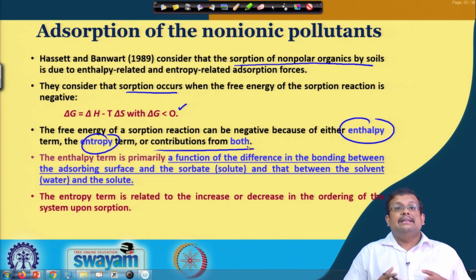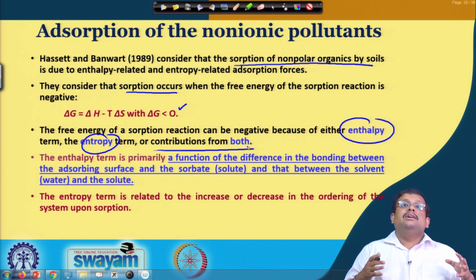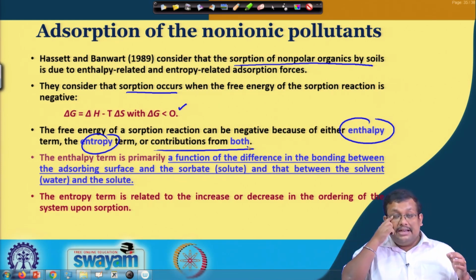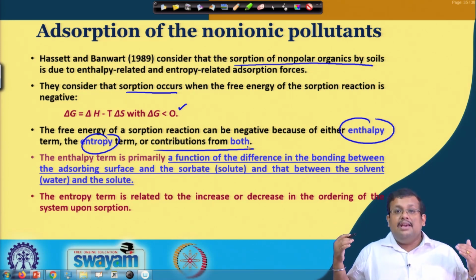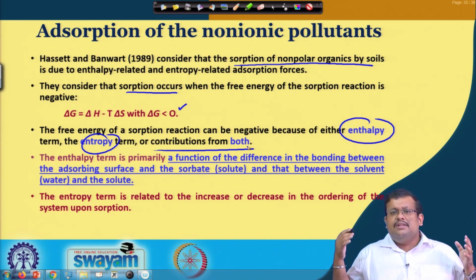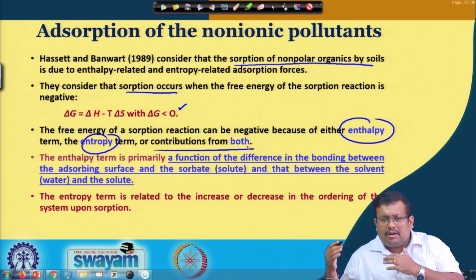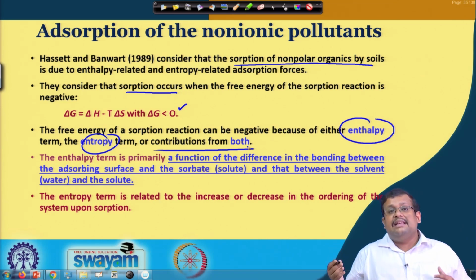Remember that sorption occurs only when the free energy of the sorption reaction, delta G, is negative, and this can be contributed by an enthalpy related process, an entropy related process, or both.